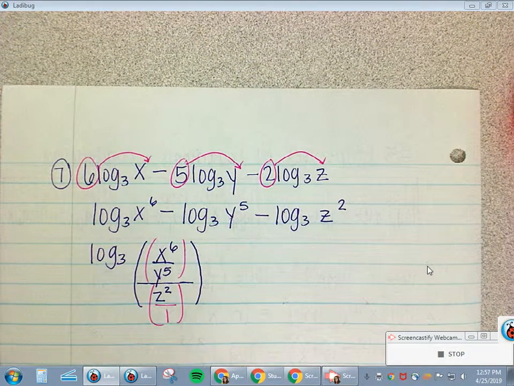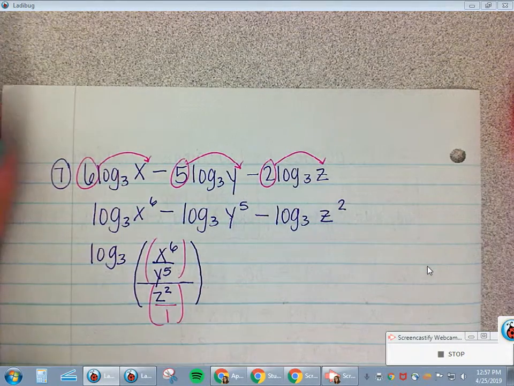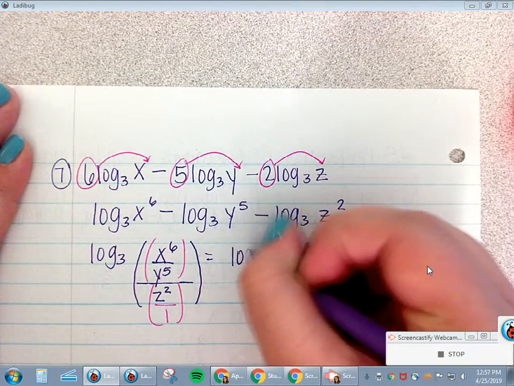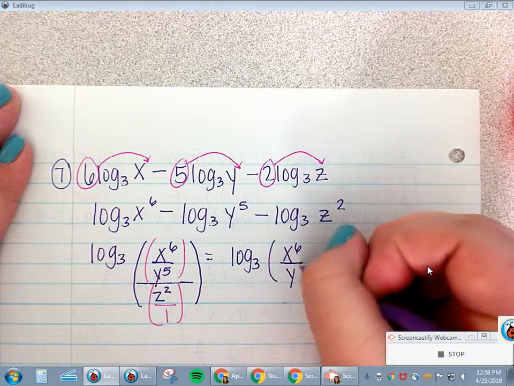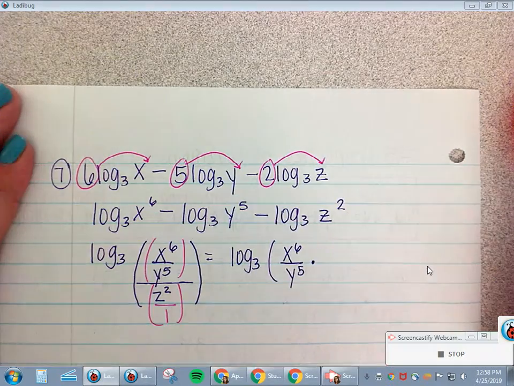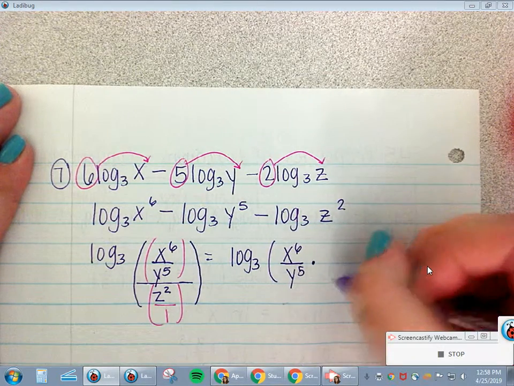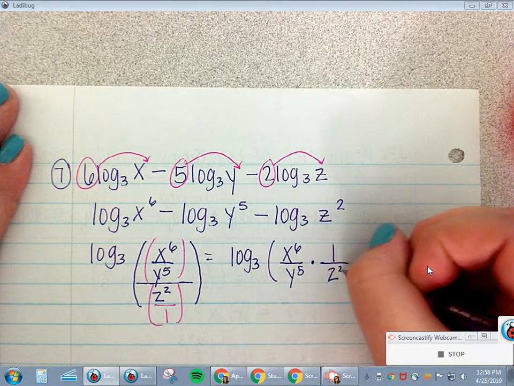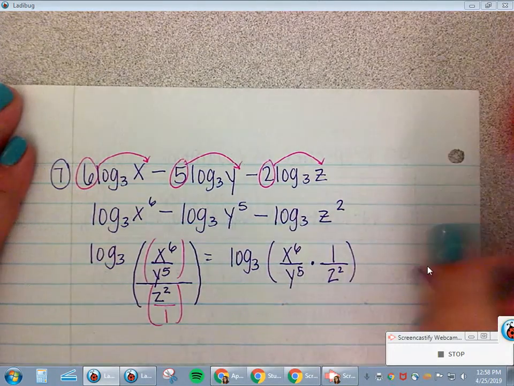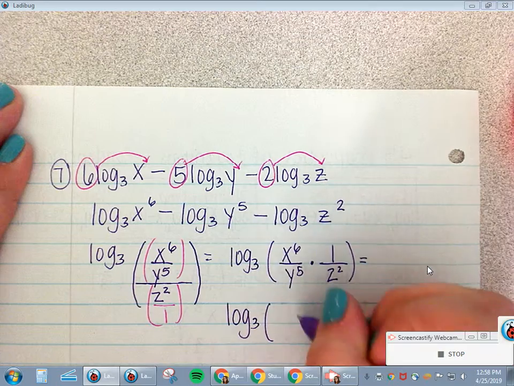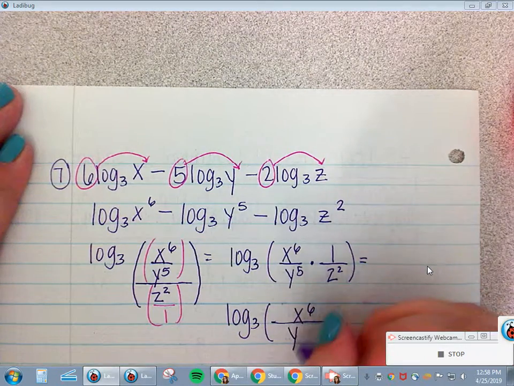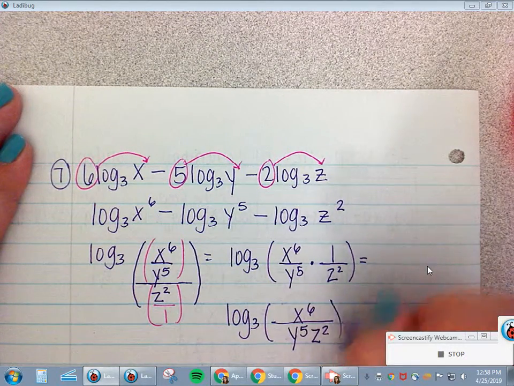And remember, when we divide fractions, we do keep, change, flip. So I'm going to write this as keep, change it to multiply, flip it. So now instead of z squared over 1, it's 1 over z squared. And then now I can multiply these fractions. So I'm just going to shove it all together to say x to the 6th over y to the 5th z squared.